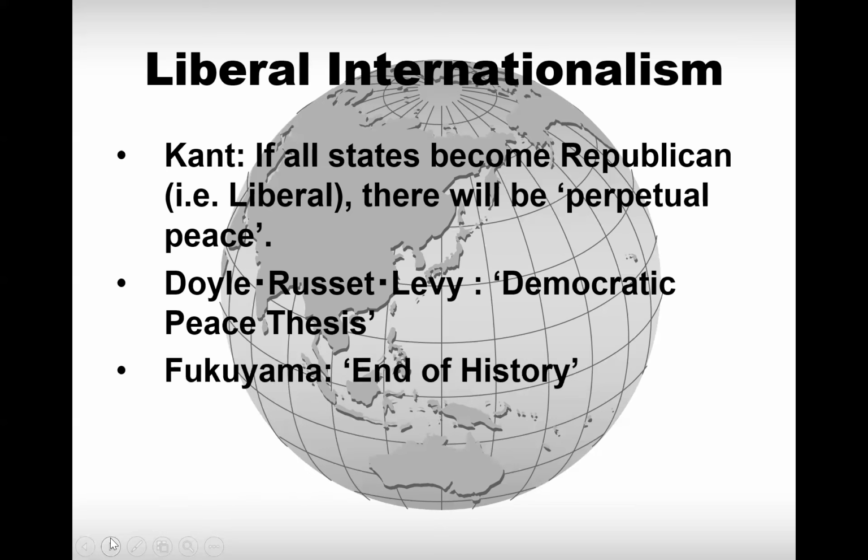An extreme version of this view, which was put forward actually in the last days of the Soviet Union, and which gained great popularity after the collapse of the Soviet Union, was a thesis by Francis Fukuyama that with the collapse of the Soviet Union, history had ended.